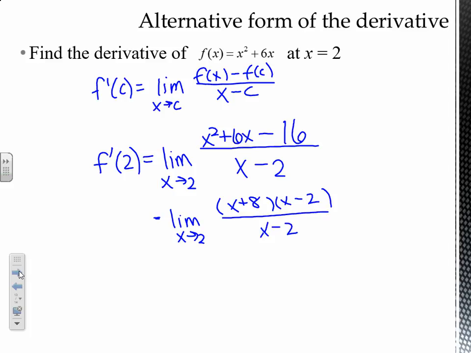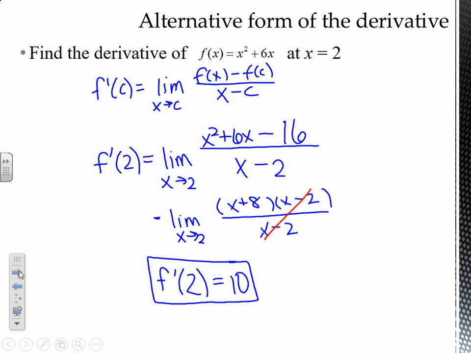Oh, and conveniently, those cross out. When we evaluate our limit, what do we get? Okay, so that's just the alternate form for the definition of a derivative.